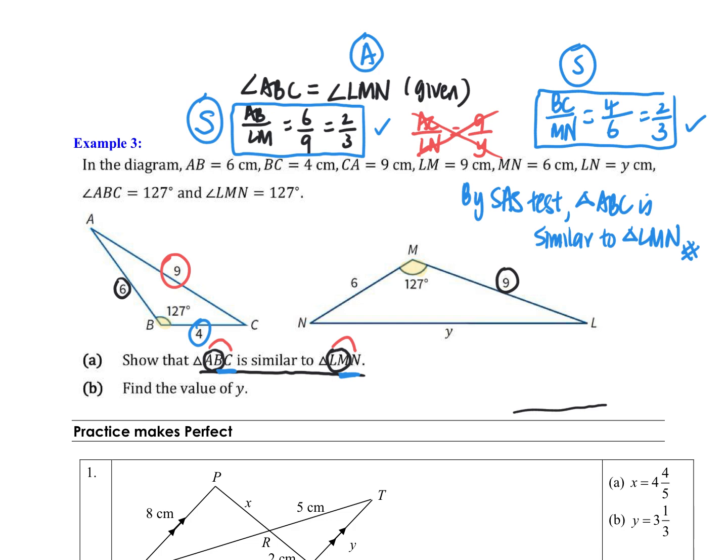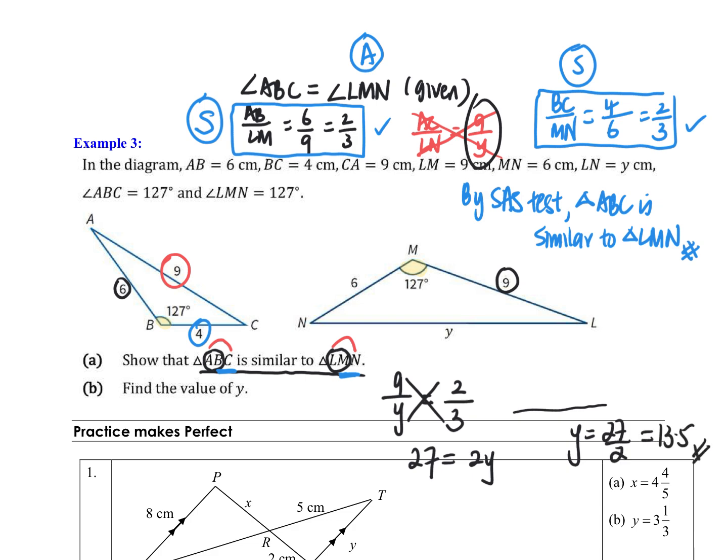So how to find the value of y? This ratio, as what we have written just now, must give you 2/3. So you cross multiply. 2y is 27. So y must be 27 divided by 2, 13.5. That's it.